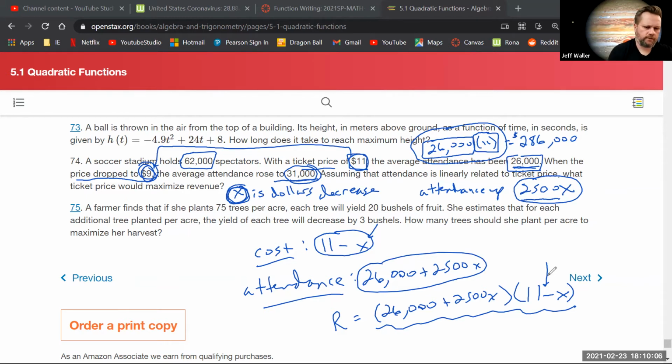All right, so that should help you on number 75. It's actually a little bit nicer because the numbers aren't quite as crazy, but it's exactly the same idea. So that's the last few problems in chapter 5.